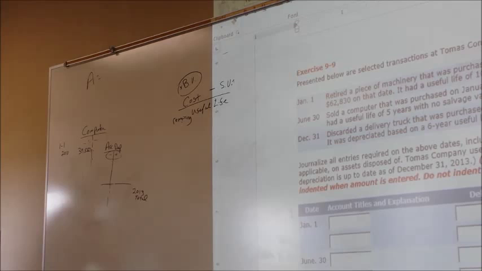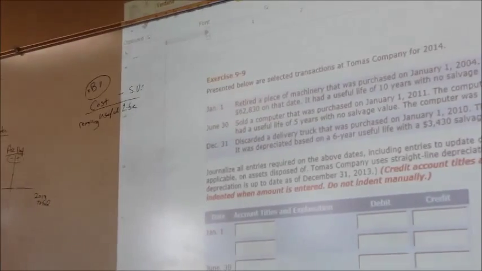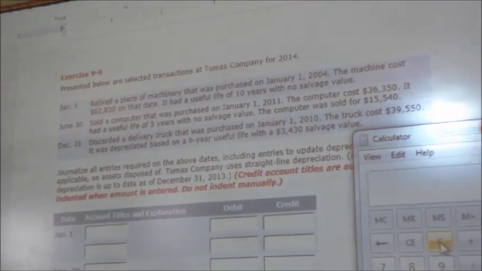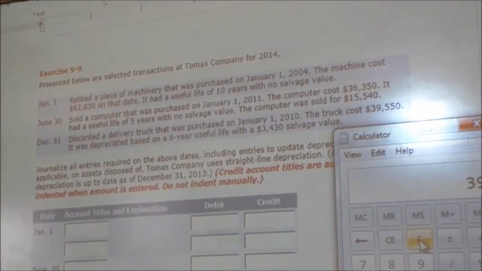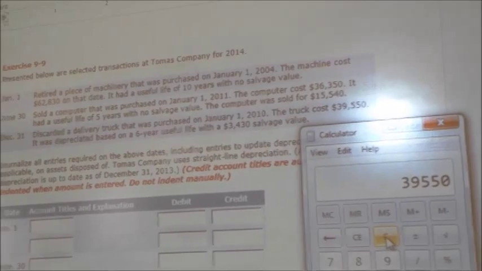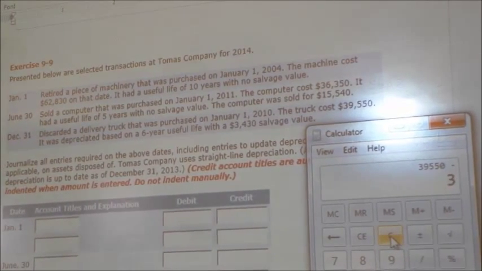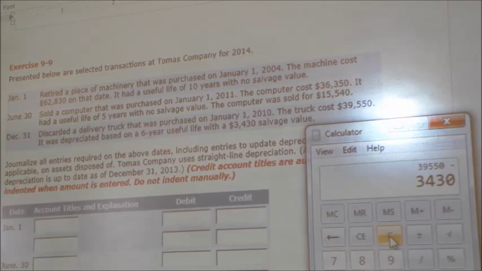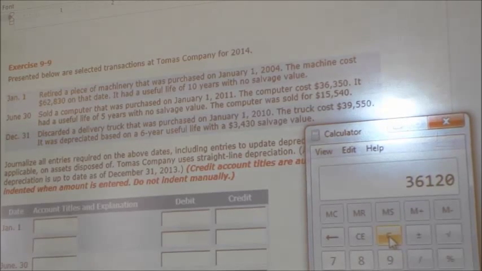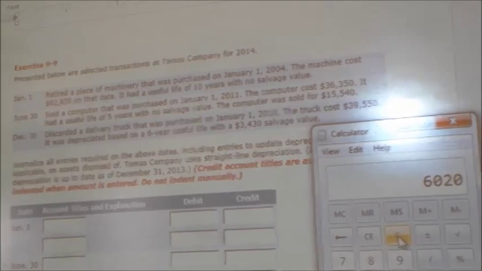So at the end of last year, I need to determine what my depreciation expense was per year. And they tell me the cost was $39,550 less the salvage value. And then I'm going to have it for 6 years. So I have an annual depreciation of $6,020.